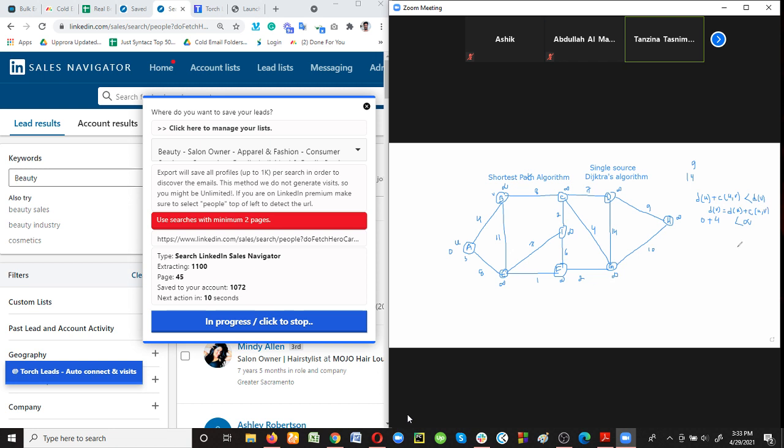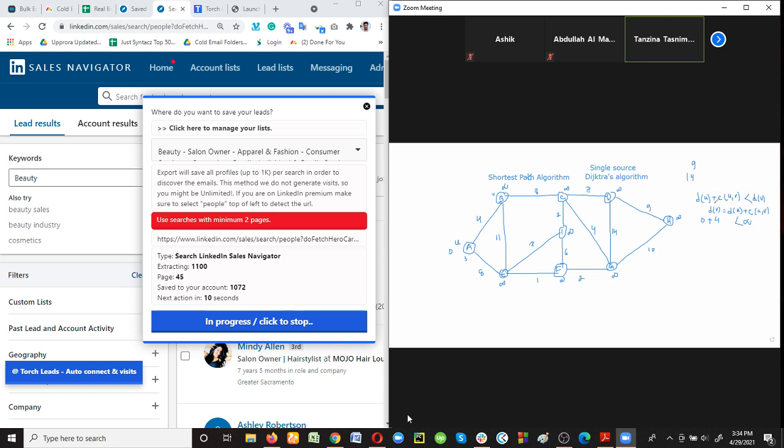The first step was we have to find out which one is the source node. So A is the source node and its distance will be 0, right? And to all the other vertices we have assigned the distance as infinite, right? Now the next step is, if A is the source node, find out which vertices are its adjacent vertices. So B and E are its adjacent vertices, so we can take any one from these two. Suppose B is now the destination vertex, right? So now we have to apply these rules here.